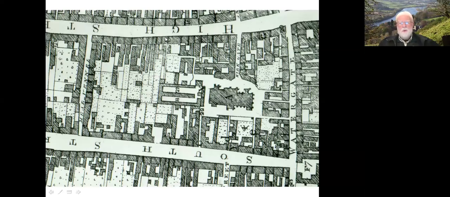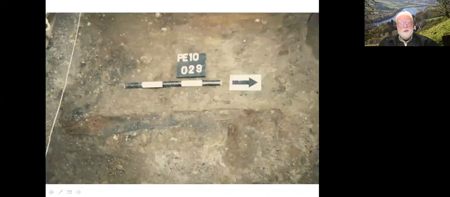The same thing's happened on the north side as well. And I think, yes, there's a nice example. There's a piece of road surface on the north side of the high street with a little piece of timber preserved on top of the road surface, where a quote-unquote temporary stall has been put out in the road 500 years ago and never taken down. That was a common problem.